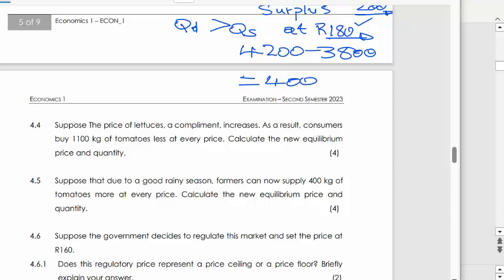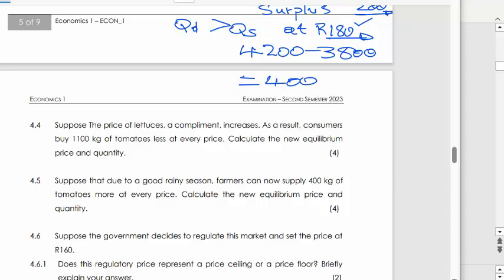Calculate the new equilibrium price and quantity. So, as you can tell, we are on question 4.4. So you need to adjust your quantity demanded values, right? So at 160, because now we look at what we are given.